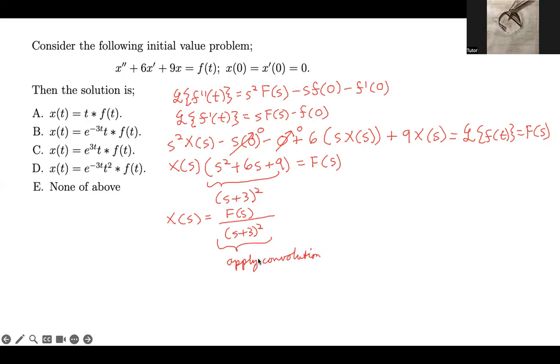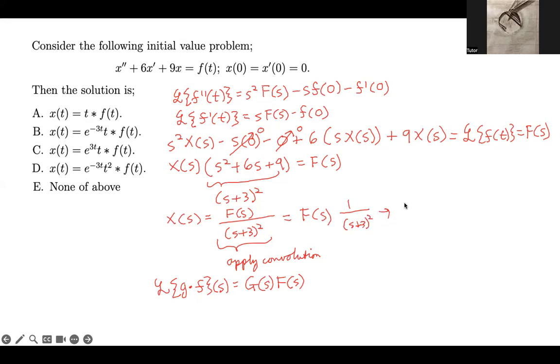The convolution theorem simply states that the Laplace of small g convoluted with f of s is equal to big G of s times big F of s. And thus we can identify X of s as F of s times 1 over s plus 3 squared.